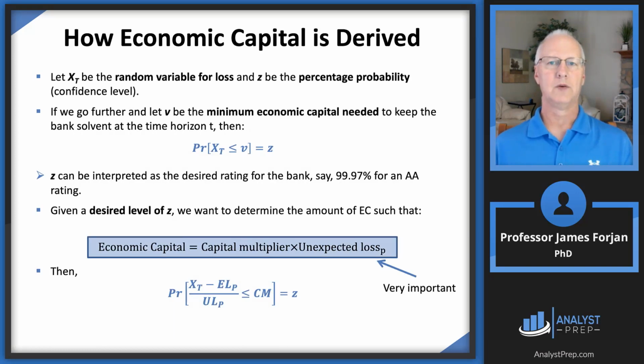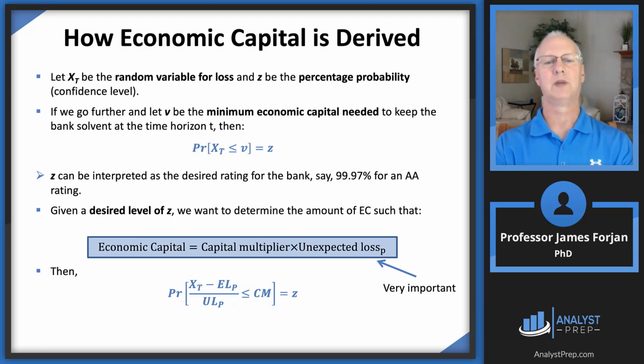Now, how do we derive this economic capital? Let's define X as a random variable for a loss and Z as a percentage probability. We want to let V be the minimum economic capital needed to keep the bank solvent. So we're going to set Z equal to the probability that the random variable for the loss is going to be less than that minimum economic capital needed.